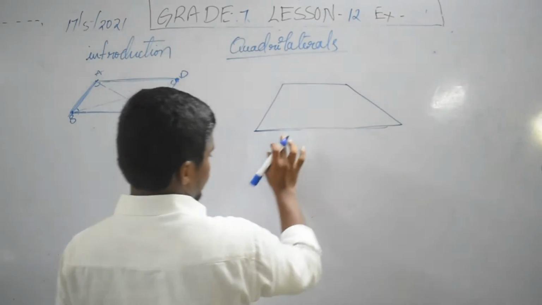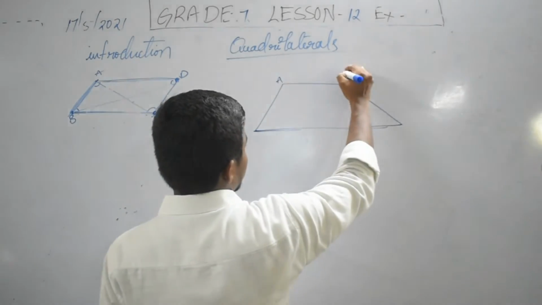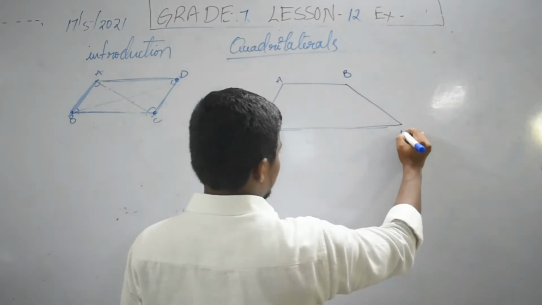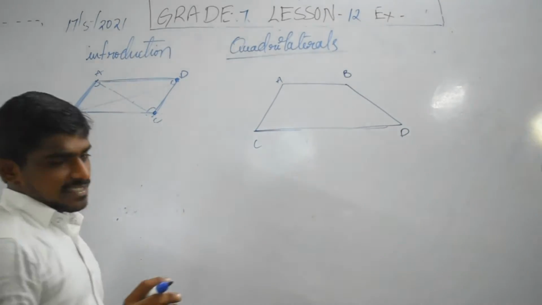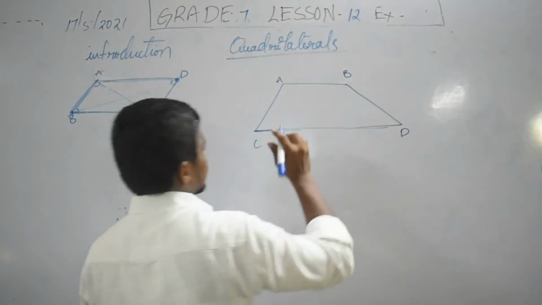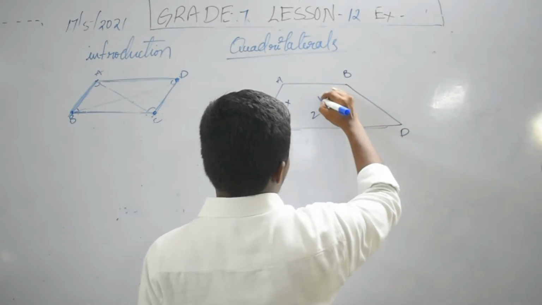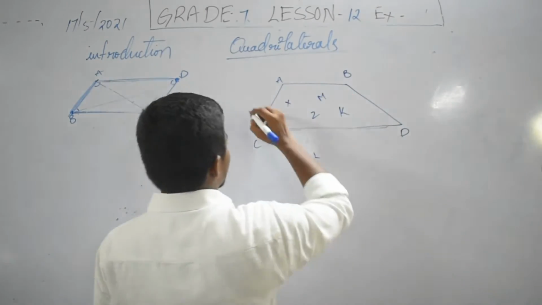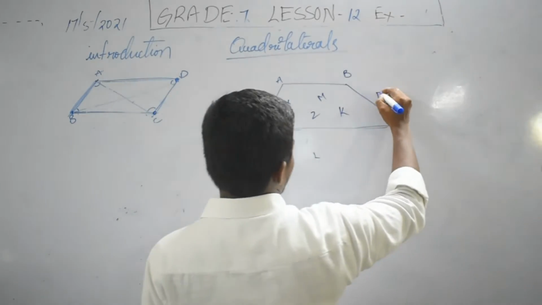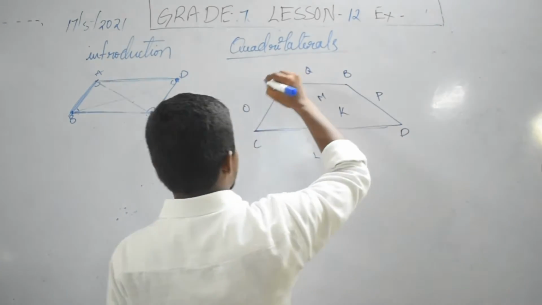This is one quadrilateral A, B, C, D. Now here see X, Z, K, M, L, O, P, Q. Here are some points.